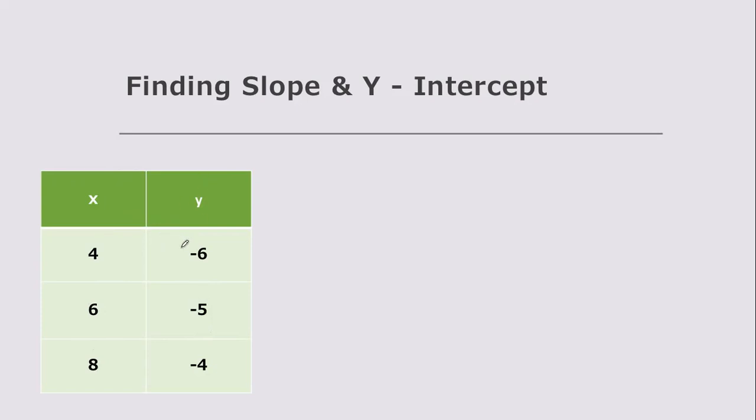So I'm going to need to label my points if I'm going to find my slope. I'm going to write down my slope formula again: y2 minus y1 over x2 minus x1. What I like to do is the first x and y in the table, I'm just going to label x1 and y1. I don't need to make it super complicated. And the second x and y on the table, I'm just going to label x2 and y2. But again, it doesn't matter which ones you label as long as you keep their pairs with the same subscript.